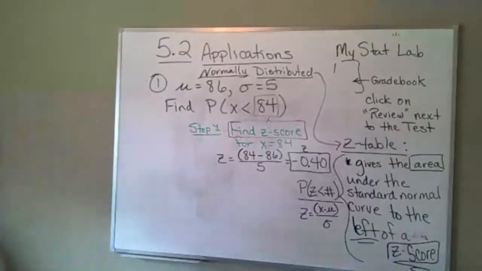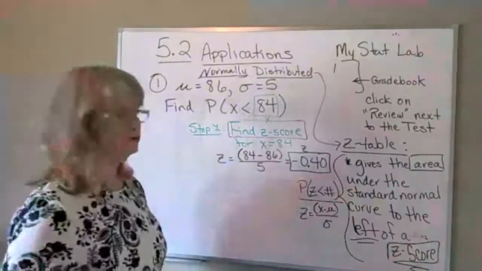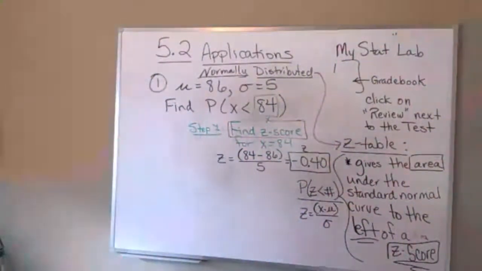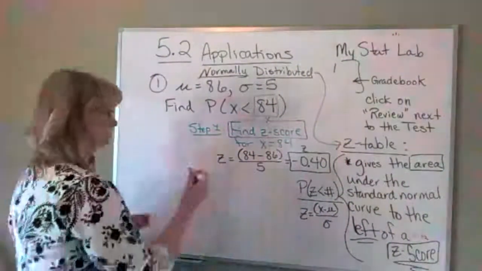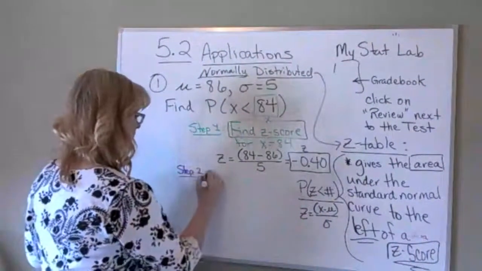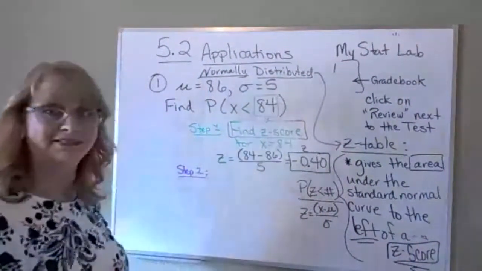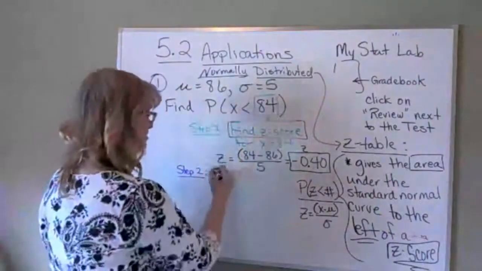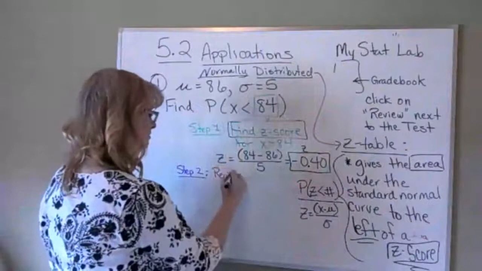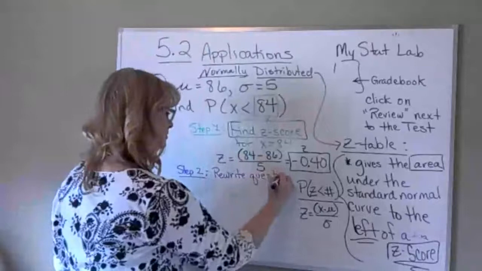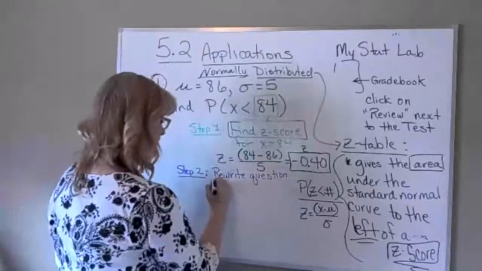Thank you. So everybody got step 1. Okay, you found the z-score. Let's go to step 2. Step 2 is going to be super easy. All we're going to do is rewrite the question using the z-score.